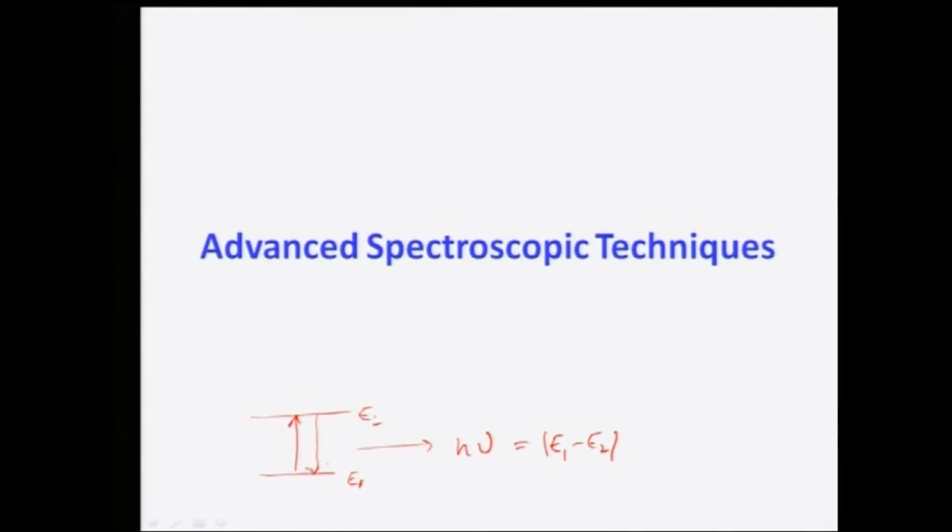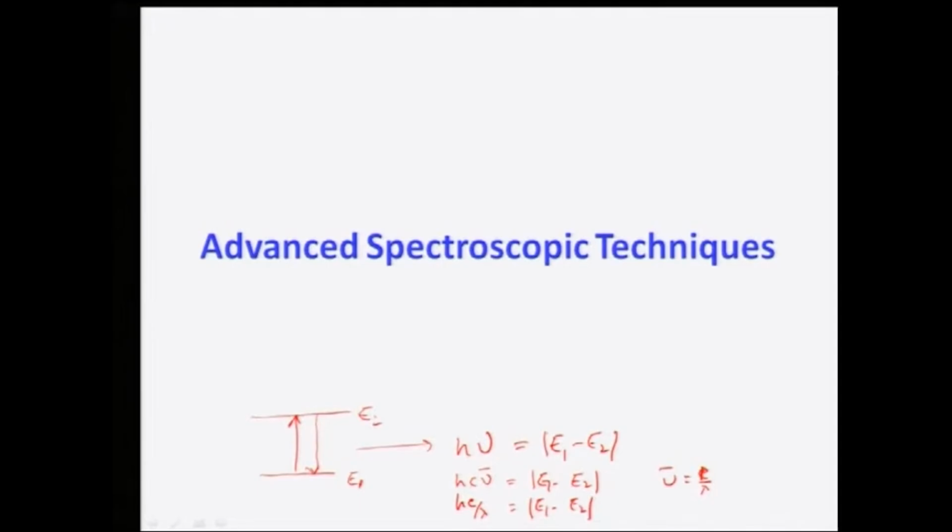So I can always write this as hc nu bar equal to mod E1 minus E2, where nu bar is nothing but the inverse of wavelength, 1 by lambda, and that means it can be written as hc by lambda equal to mod E1 minus E2.